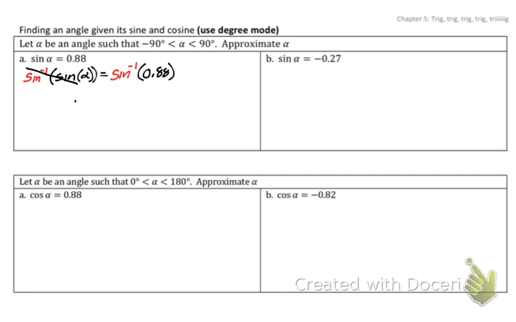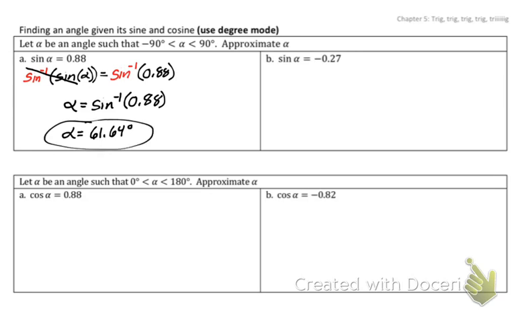And so you're just left with alpha on this side. And alpha is going to equal sine inverse of 0.88. If you plug that in your calculator, you're going to come up with alpha equals about 61.64 degrees. If you didn't come up with that, your calculator's probably in radian mode.